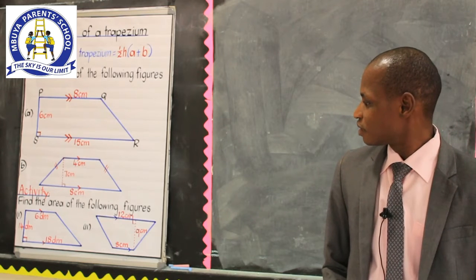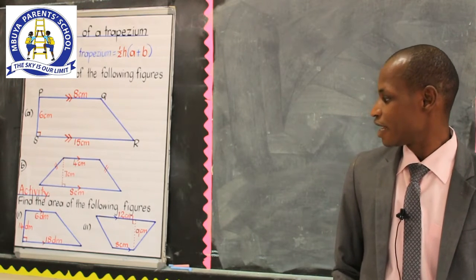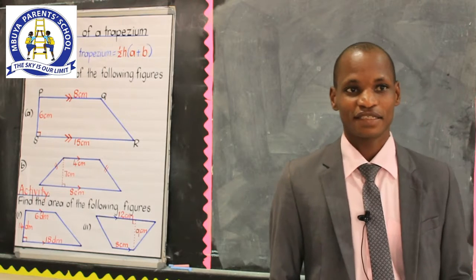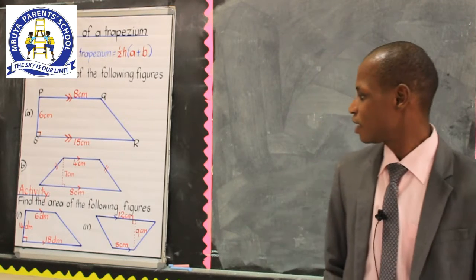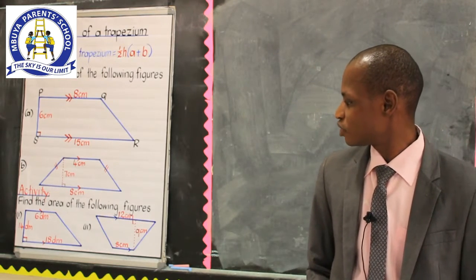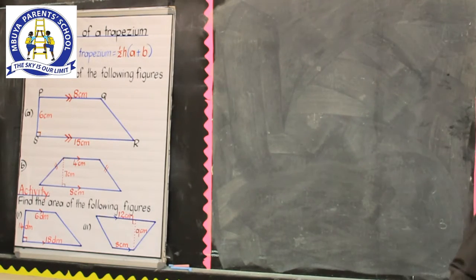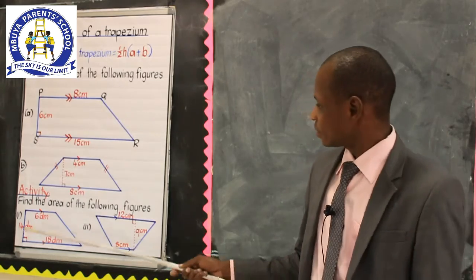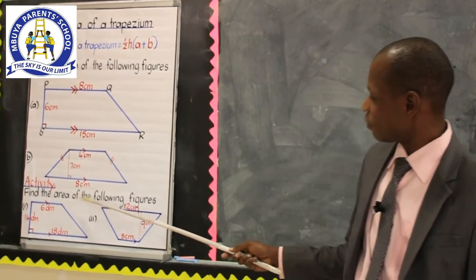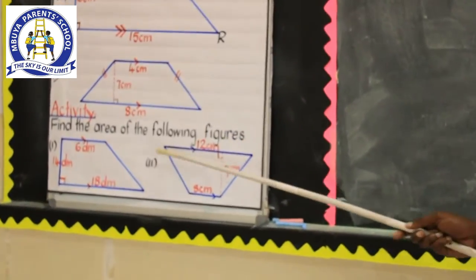Our activity required us to find the area of the figures, which figures were about a trapezium. It says, find the area of the following figures. And we have 2 figures.